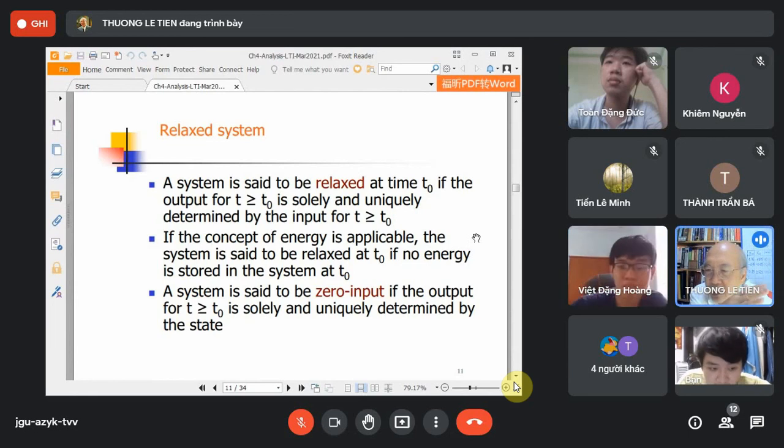Normally, we apply this concept to the case of capacitor and inductor. When we do circuit analysis, we have an initial condition where the capacitor or inductor stores some energy before t0.